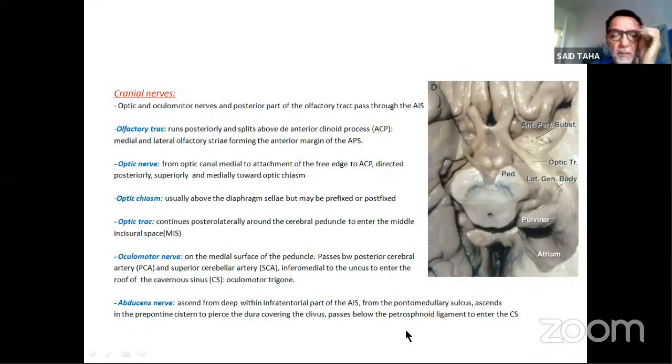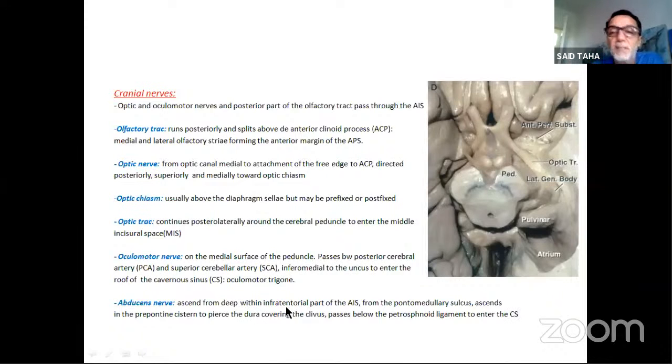The oculomotor nerve comes from the medial surface of the peduncle, passes between the posterior cerebral artery and the superior cerebellar artery, inferior to the uncus, to enter the roof of the cavernous sinus at the oculomotor triangle.